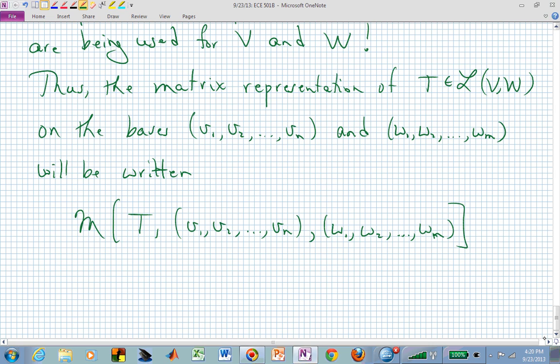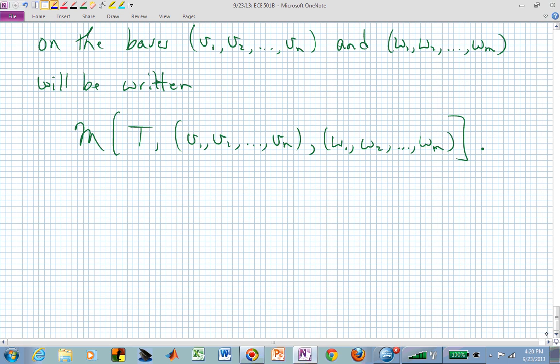And that's now how we will denote or label a matrix representation. A lot of times we won't be messing or monkeying with the input vector space basis set and the output vector space. They may just be the standard basis.